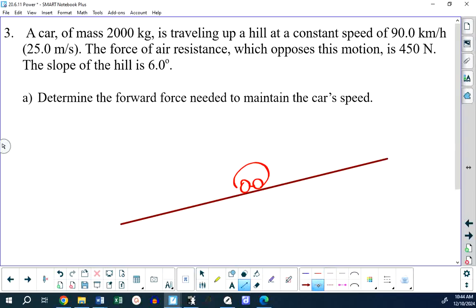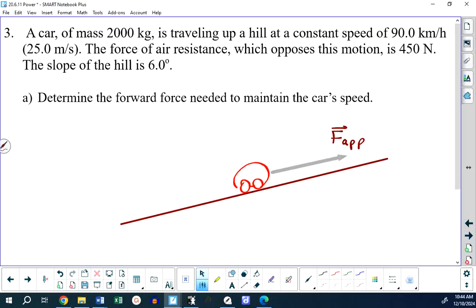And there is a forward force up. We need to know what this applied forward force up the hill is so we can find the work done, so we can divide by the time to get the power.